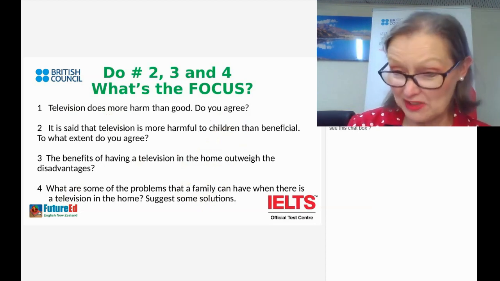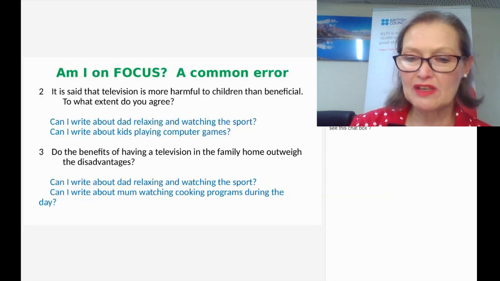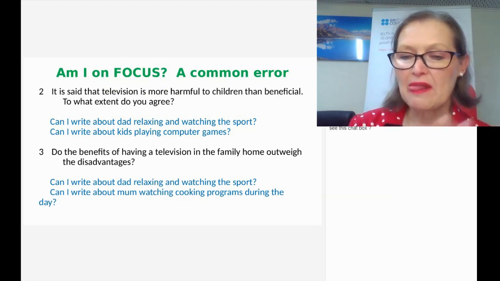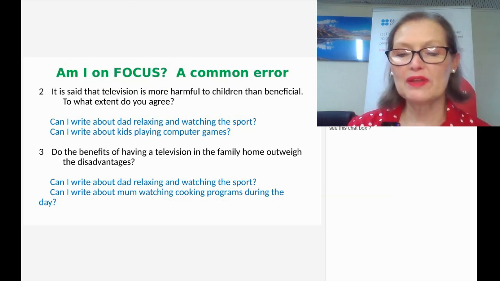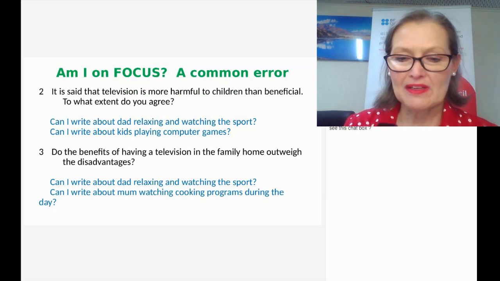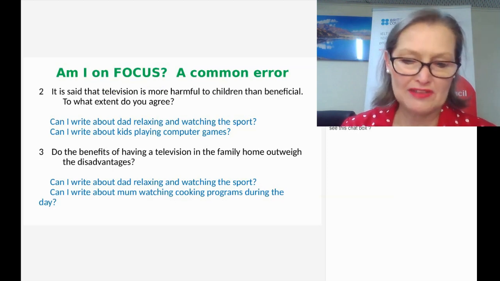We're talking about television for a family. Problems for a family, yes, but this is a problem solution essay. My focus is going to be the problems when there's a television for the family. So we're talking about in the home or for the family. It's really the same thing, isn't it?